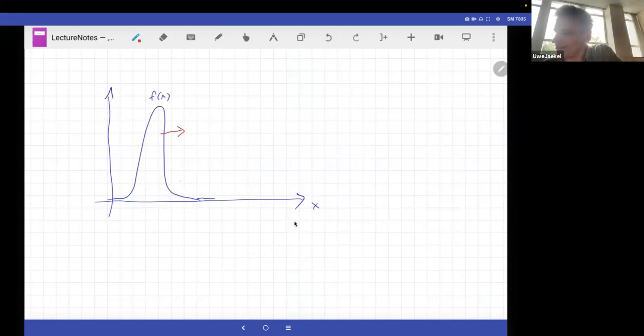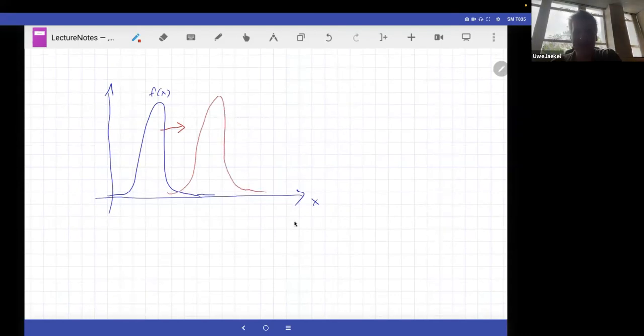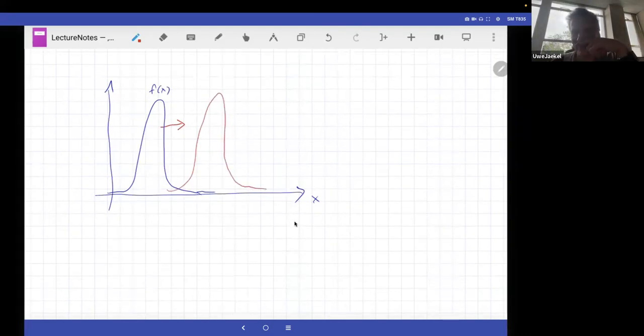Here I have added a little bit of numerical diffusion, I hope you see what I mean. So the solution will be just shifted to the right. That means we have an information flow that goes from the left to the right, if A is bigger than 0.